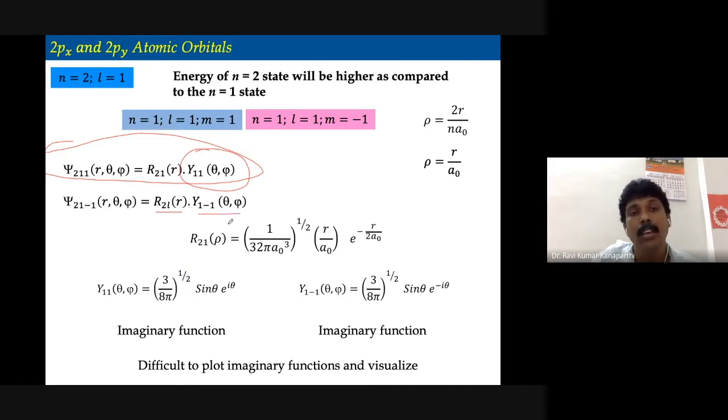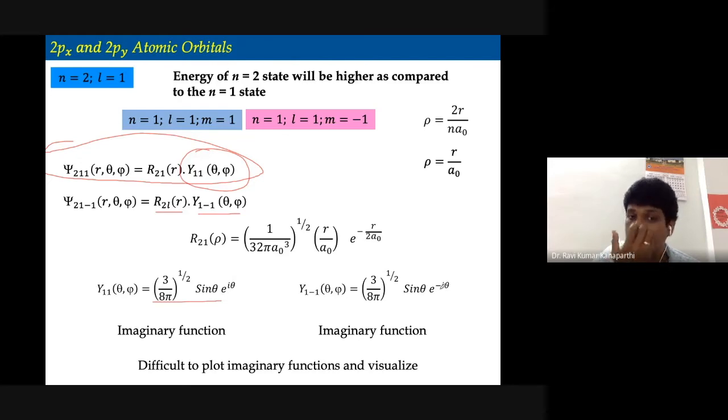The Y11 function is given already here: square root of 3 by 8 pi, sine theta, e to the power i phi. And the other one, Y1 minus 1, is given by the same thing, square root of 3 by 8 pi, sine theta, e to the power minus i phi.